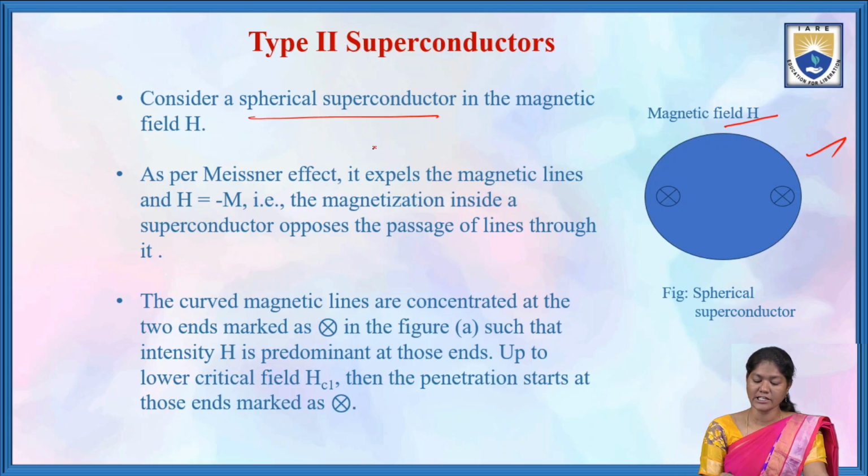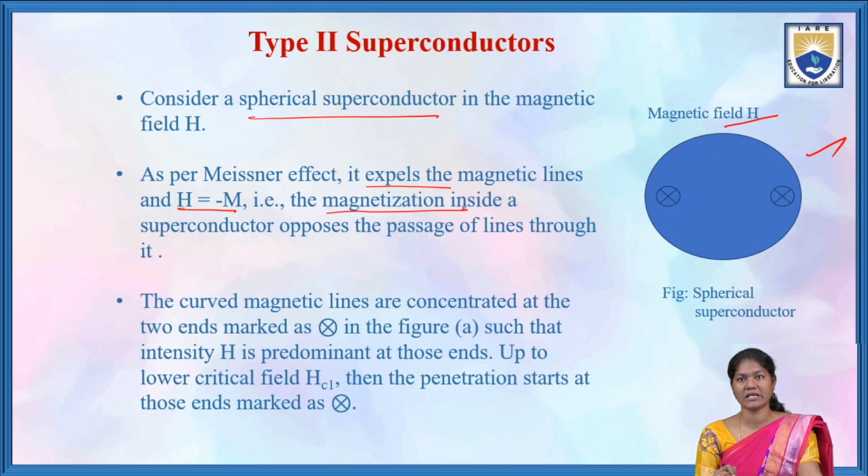It expels the magnetic lines, and H is equal to minus M. So the magnetization inside a superconductor opposes the passage of magnetic lines through it.